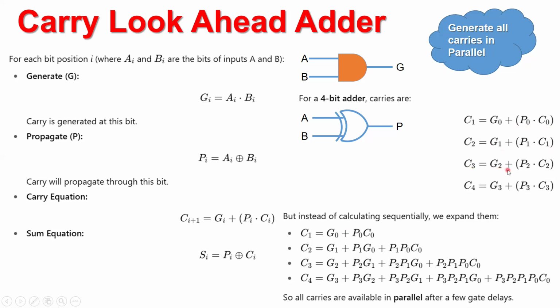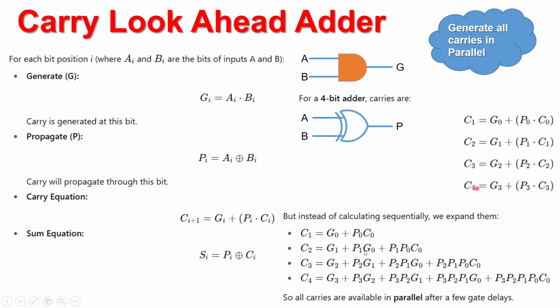C3 is equal to G2 OR P2 and C2. And C4 is equal to G3 OR P3 and C3. So you have these carry equations ready, of the form Gi plus Pi and Ci, for each bit from 0 to 3.